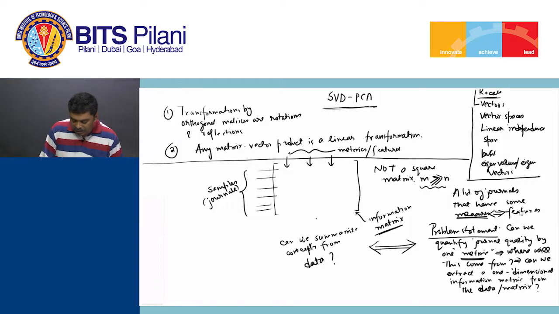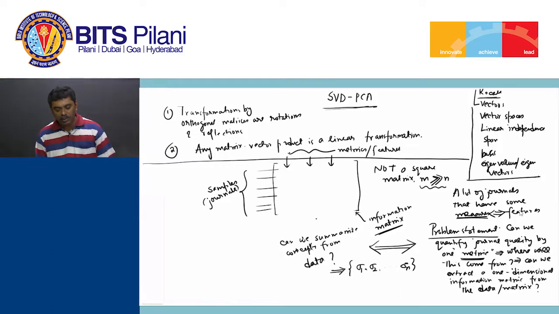And by this what I mean is, can we have a band of values, let's say sigma 1, sigma 2, all the way up to sigma n, which will correspond to an individual journal. Okay, this is the problem statement.